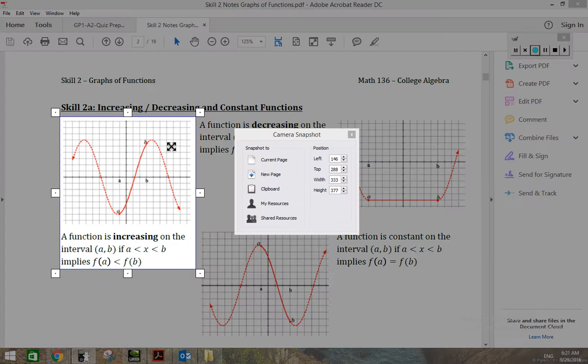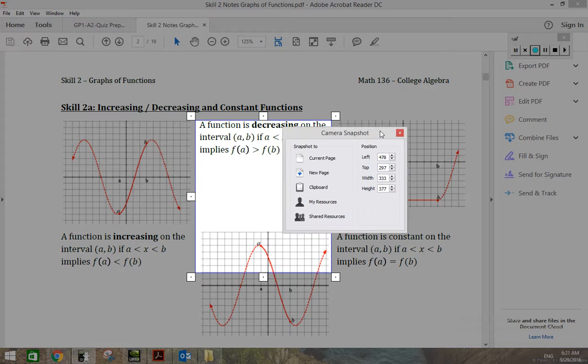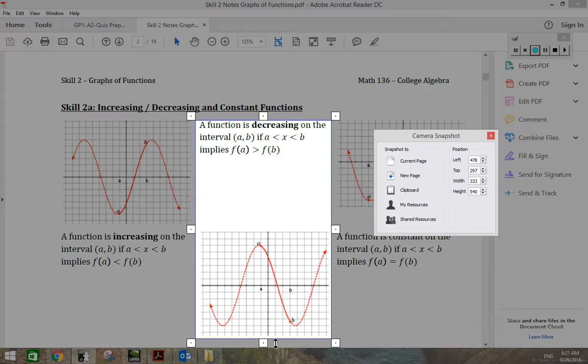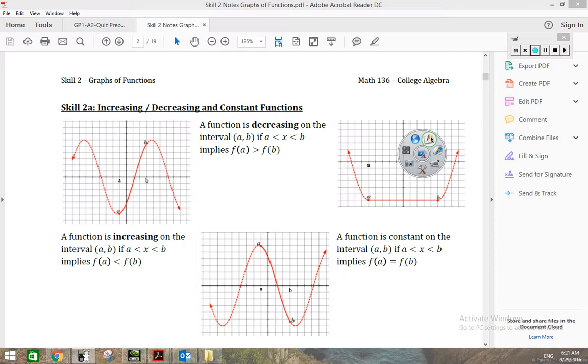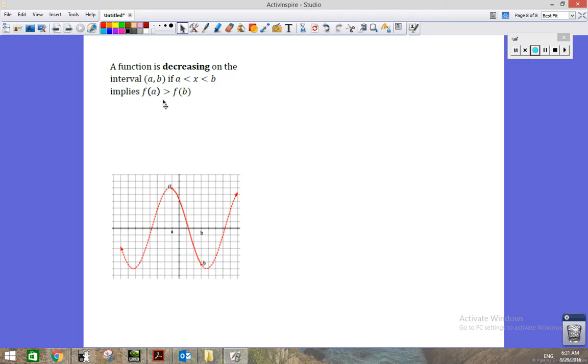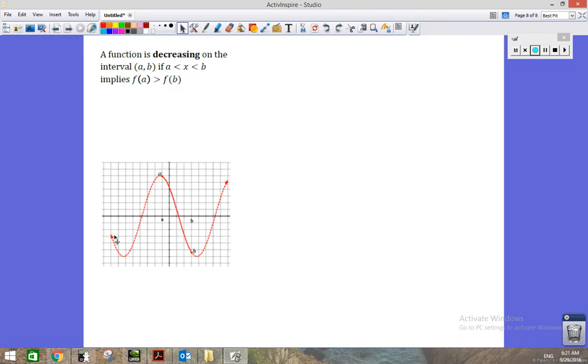This next definition corresponds to the graph immediately below it. So again, we have a similar graph, if not the same graph.